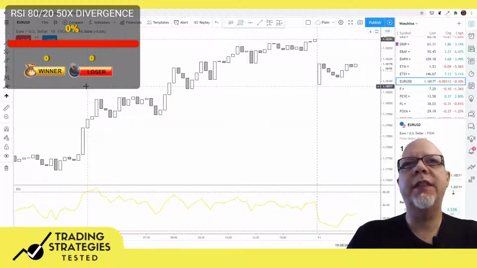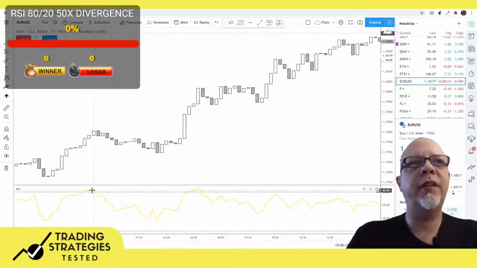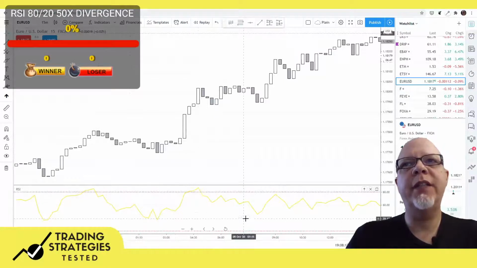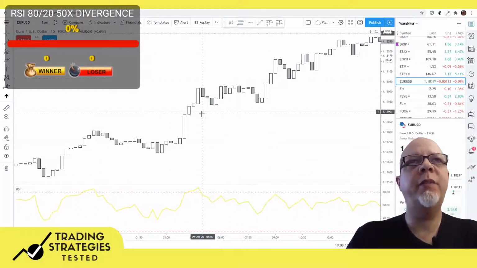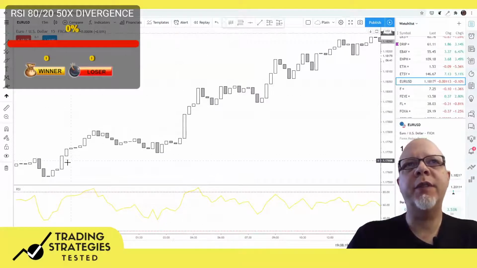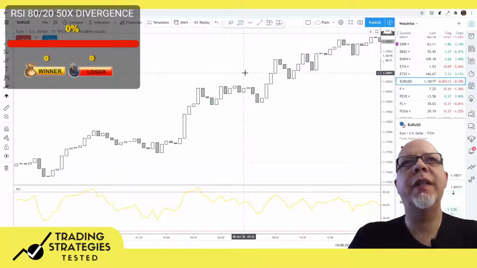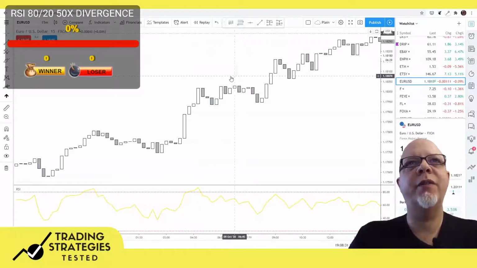So we're firstly going to look for any place where the RSI is above 80 or below 20, and then see if the market has been trending before that and made a new high or low, and then we'll be looking for the trigger candlestick and the divergence. So let's continue without further ado.